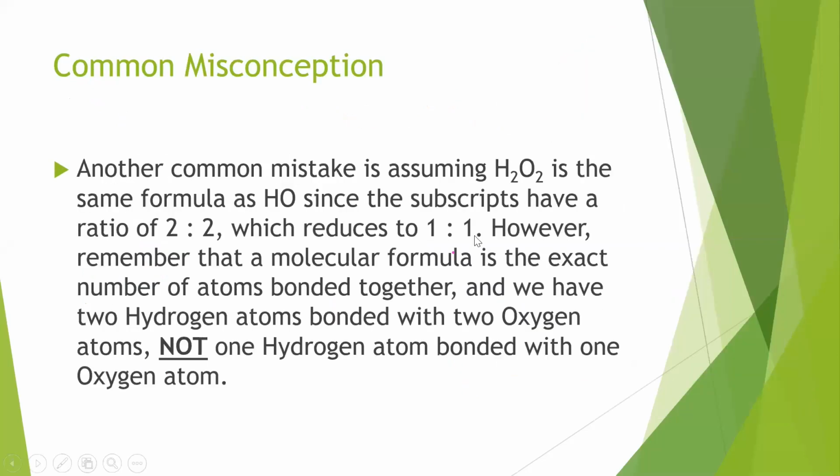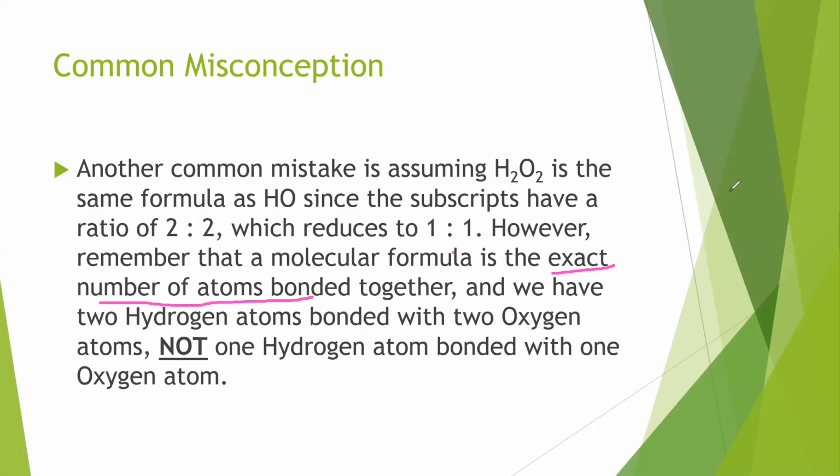So there's a common mistake with H2O2 that I saw in the last lecture. A lot of people thought H2O2 is equivalent to HO, since after all, I said last lesson, it's a ratio thing. For every 2 hydrogen atoms, there's 2 oxygen atoms. So you might be tempted to think it reduces down to 1 to 1. But remember that in the beginning of today, I said a molecular formula tells the exact number of atoms bonded together.